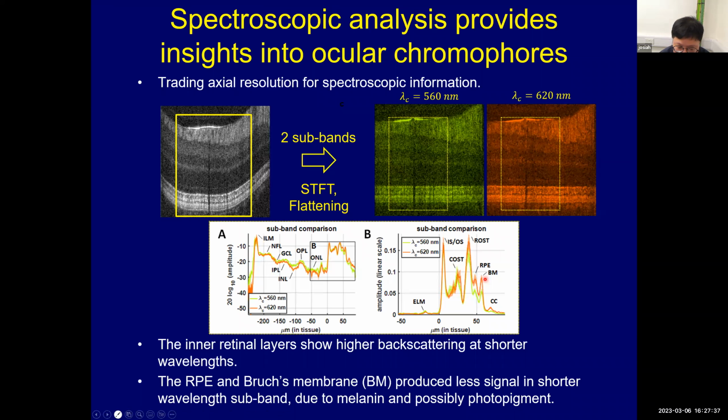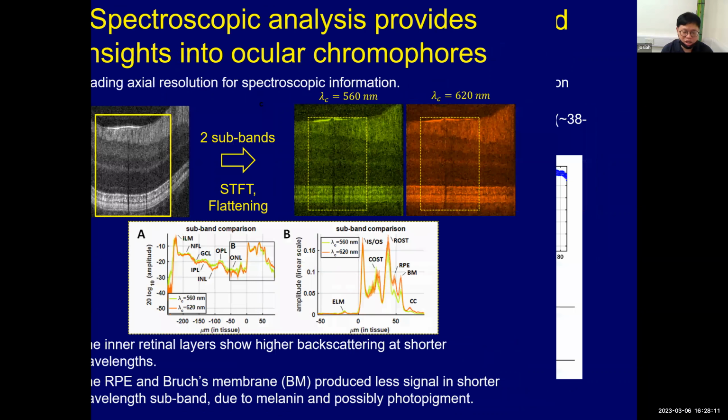For example, in this layer, the retinal pigment epithelium has a higher signal in the red color, because longer wavelengths can penetrate deeper into the structure better than shorter wavelengths. But also, light is absorbed differently for different colors, which can also give you information about the tissue.